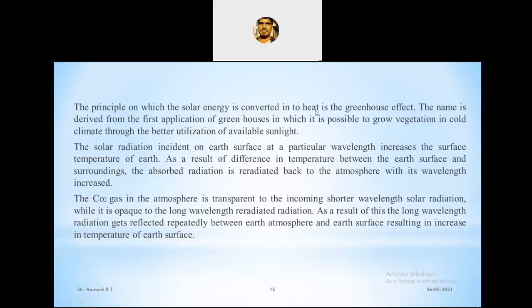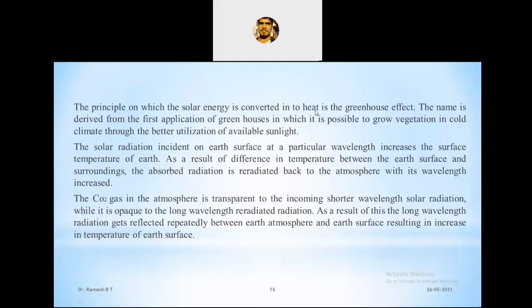We place some materials, it may be liquid, solid or gaseous, whatever it may be, that medium absorbs the energy, and that heat will not re-radiate back to the outside, because the glass transmits the sun rays of shorter wavelength, and once they pass through the glass and are absorbed by the substances placed beneath the glass, they won't re-radiate back to the outside.